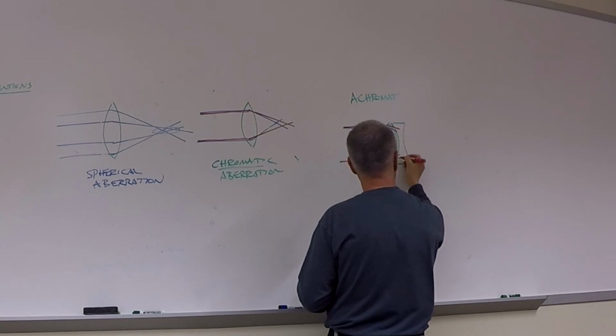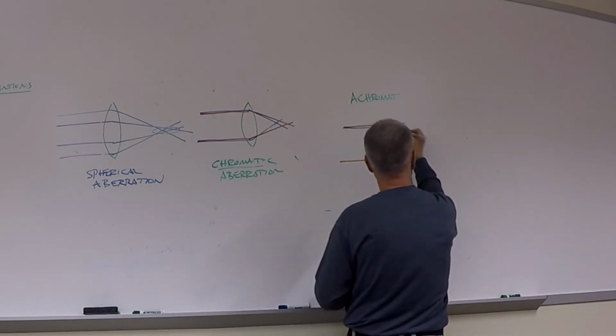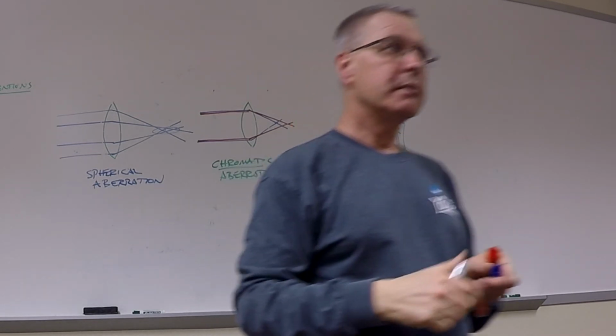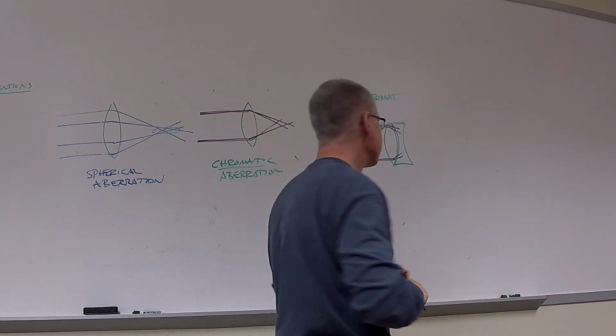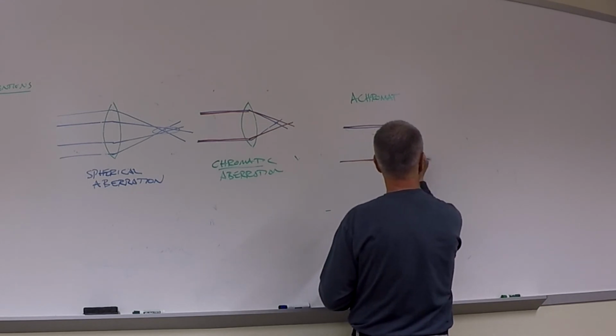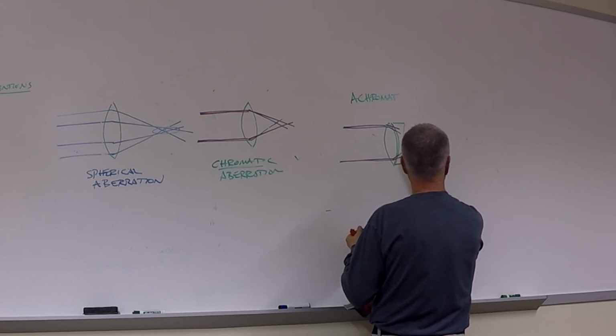But what happens when these hit a diverging lens? So far I have my colors split apart. Not so good. Now what happens? My blue will bend more, and if I match this right, my blue will bend more.